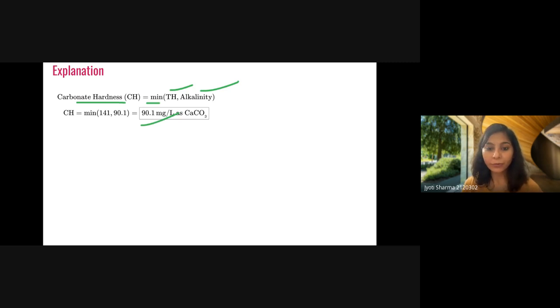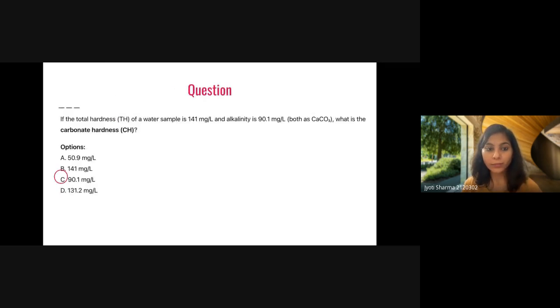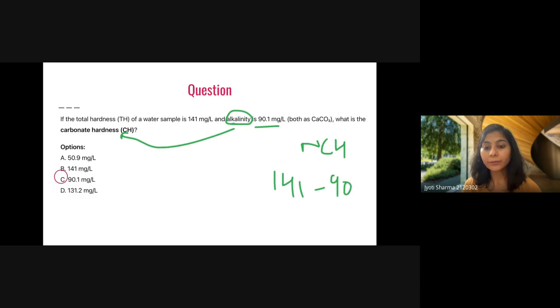Here alkalinity is giving you the carbonate hardness. It means we also have non carbonate hardness, and this non carbonate hardness will be 141 minus 90.1, right?